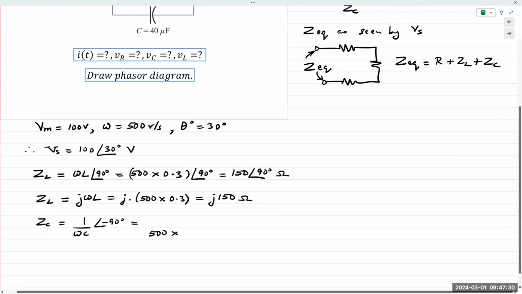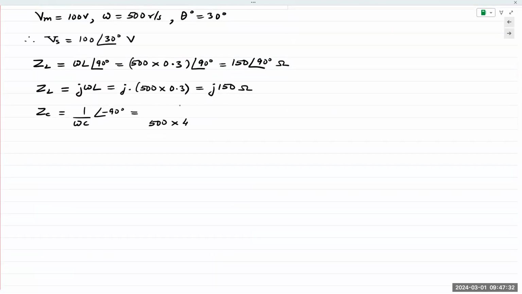Yeah, 40 microfarads. And so this gives me 50 with an angle of minus 90.